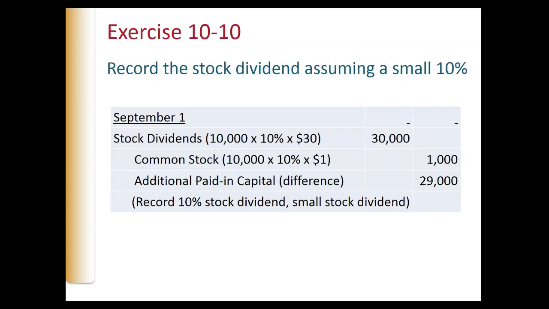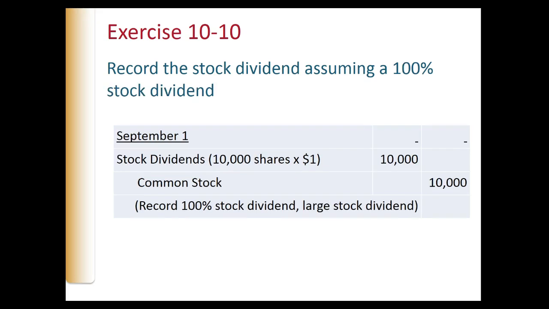So, to record a 10% dividend, we are going to debit stock dividends, 10,000 shares times 10% times $30. We're going to credit common stock for $1, the par value, and credit additional paid in capital for $29,000, recording a 10% stock dividend.